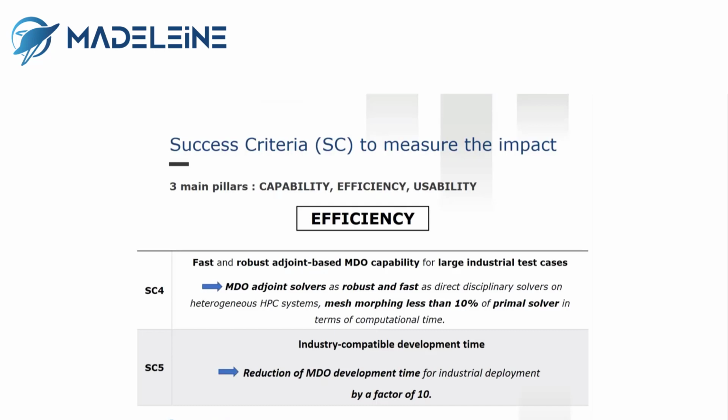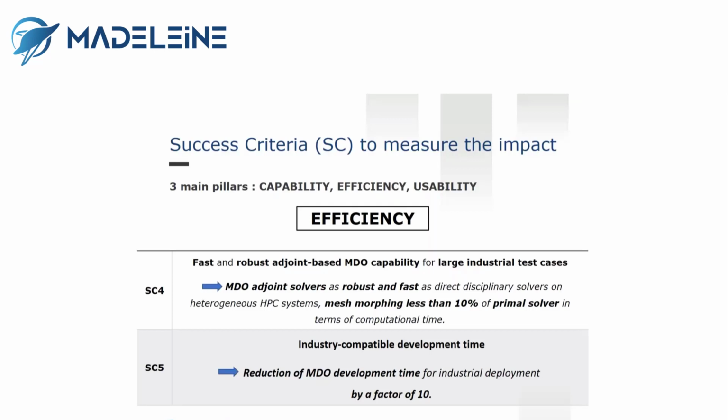The idea was to test and monitor how the MDO solver behaves on HPC systems. And we also made some studies regarding mesh morphing methods, to see if they are really compatible with an important number of cores when we are using HPC.